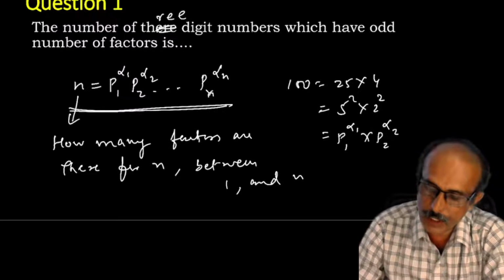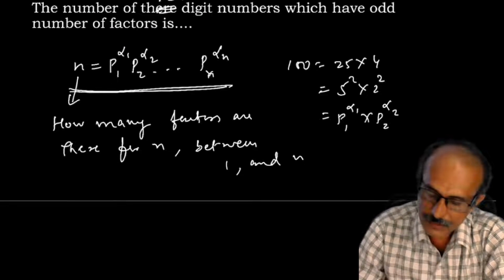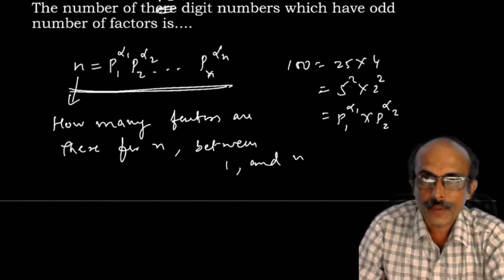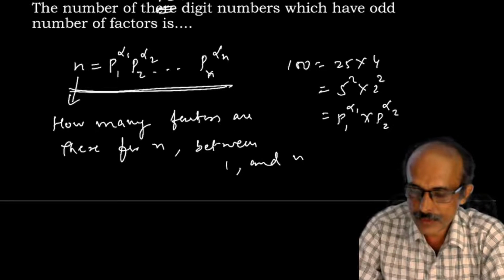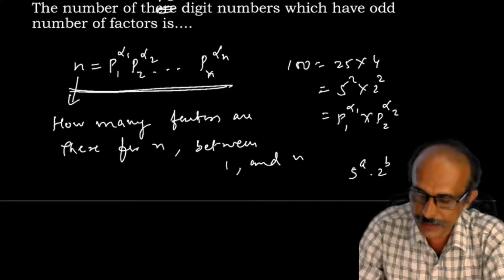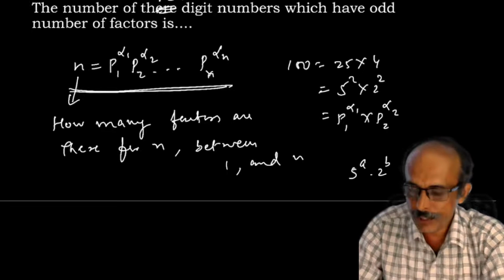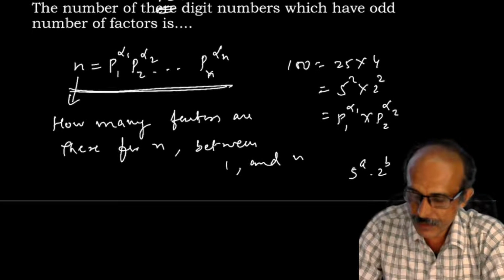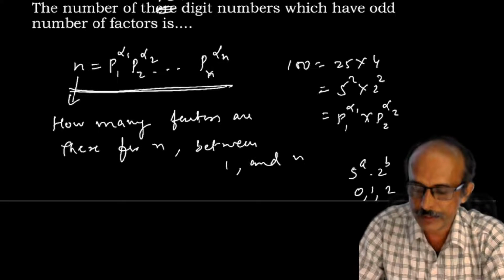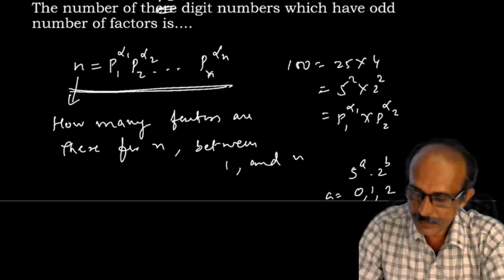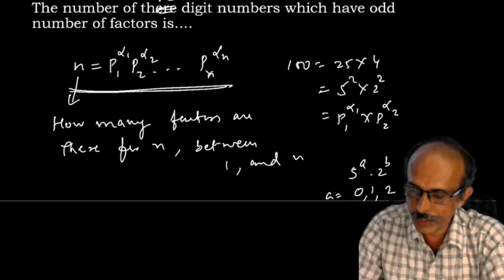See, for example, in 100, how many factors are available? They are given by the form 5 power a and 2 power b, right? All the factors of 100 are of the form 5 power a into 2 power b, where a can be 0, 1, or 2, and b can vary from 0, 1, 2, right?